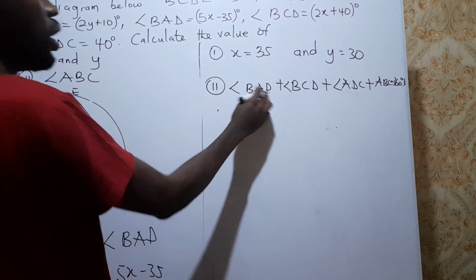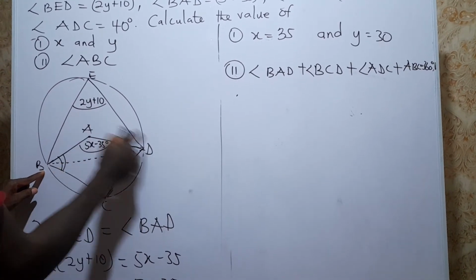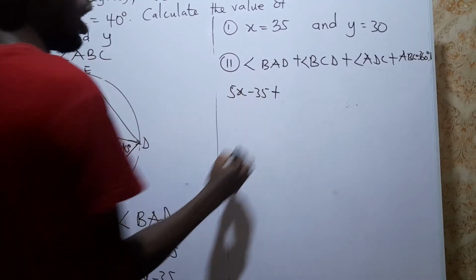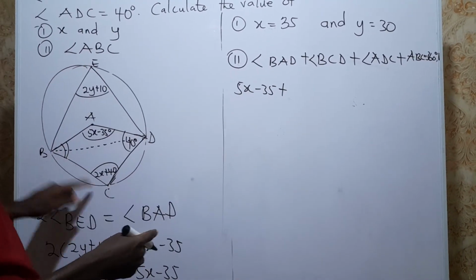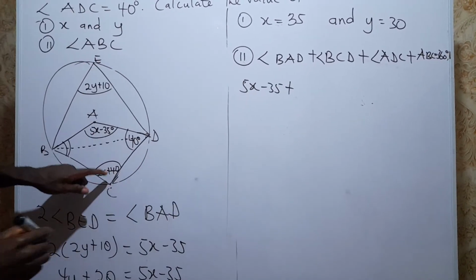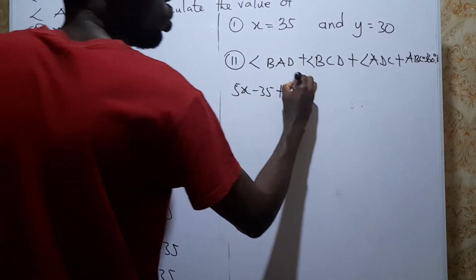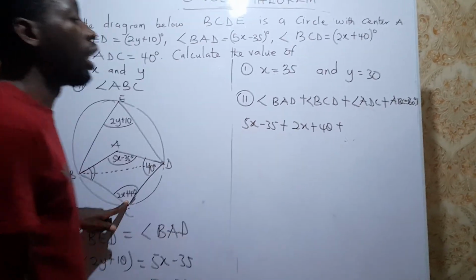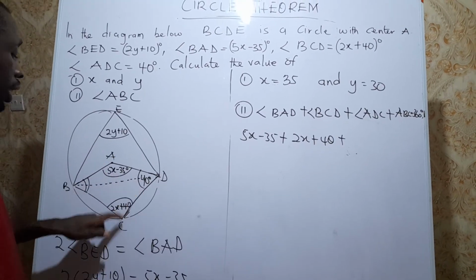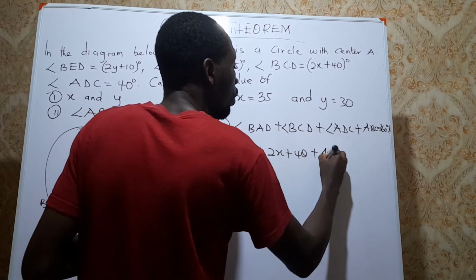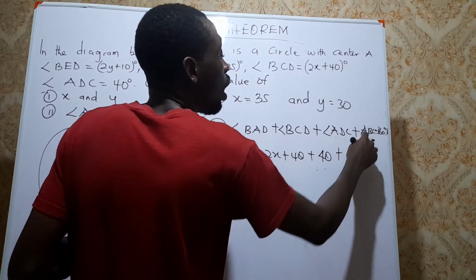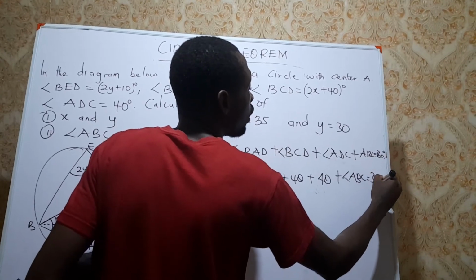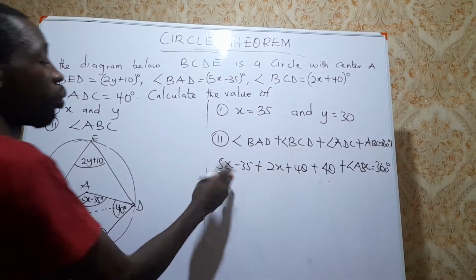Now, what's our angle BAD? BAD is 5x minus 35 plus what's our angle BCD? BCD is 2x plus 40. So 2x plus 40 plus what's angle ADC? ADC is 40 degrees. Then plus our angle ABC, which we don't know, should be equal to 360 degrees. Now let's group our like terms very well.